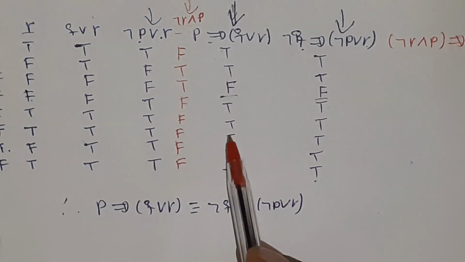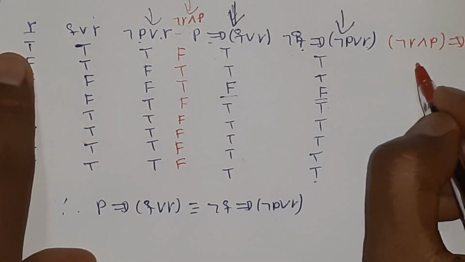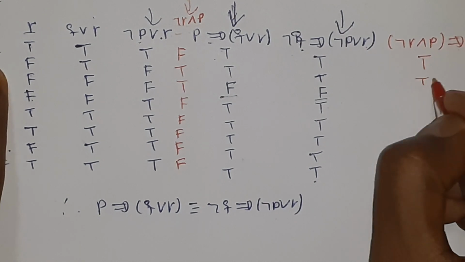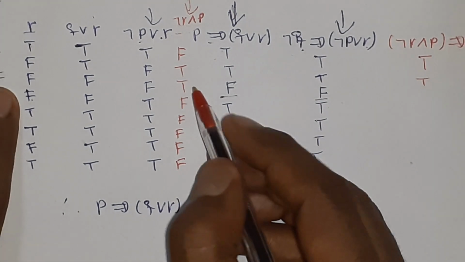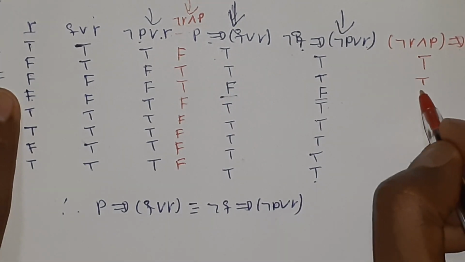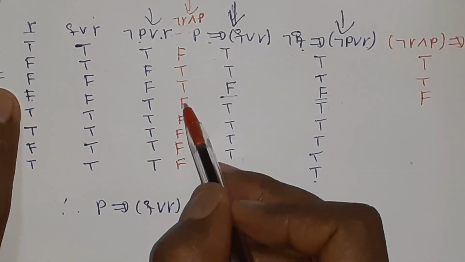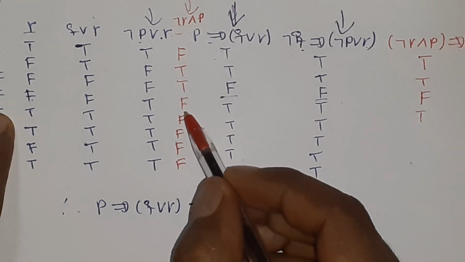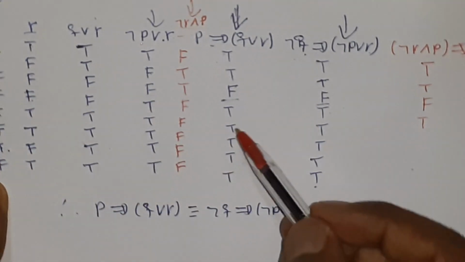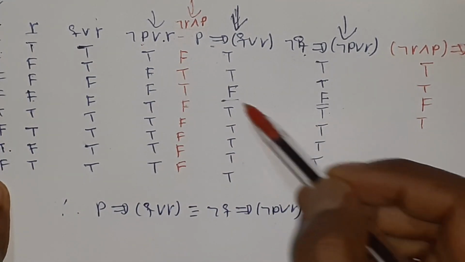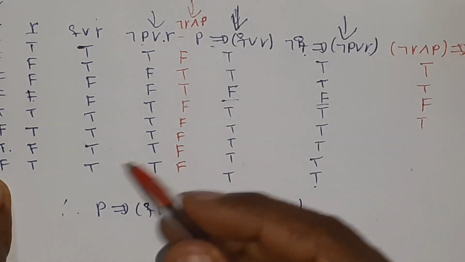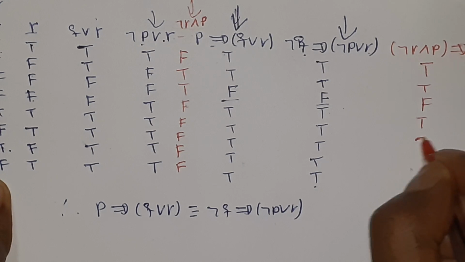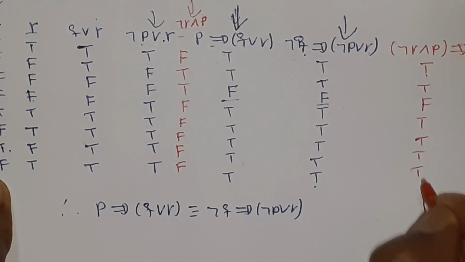False implies true is true, true implies true is true, true implies false is false, and false implies false is true. Whatever the truth value for Q is, because at the start this one is already false, false implies true or false implies false is true. Therefore this is true, true, true and true.